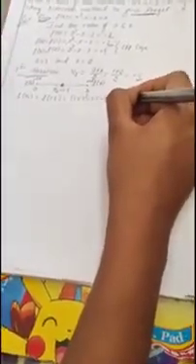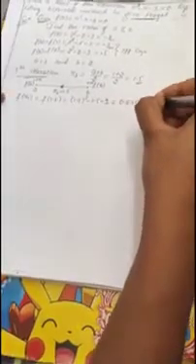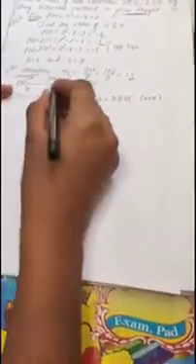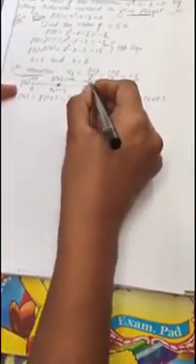I am writing directly: the value of f of x1 is 0.875. So this is positive. Here f of a is negative, f of x1 is positive and f of b is again positive.